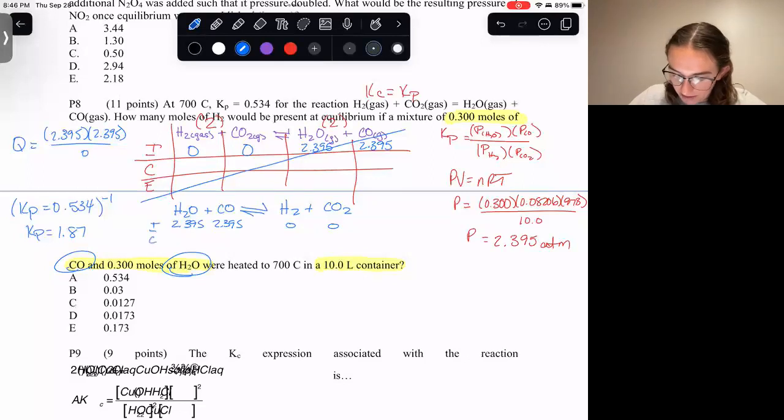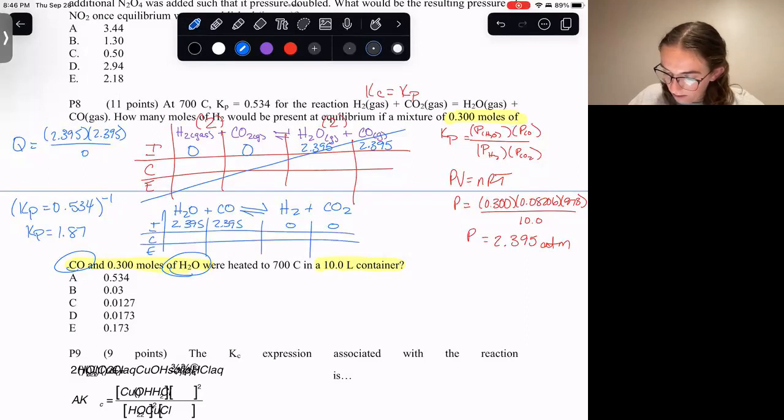Okay, so now this is our new ICE table. So what does that mean for our change? What's happening to H2O and CO? The 1.87 came from the inverse of Kp.